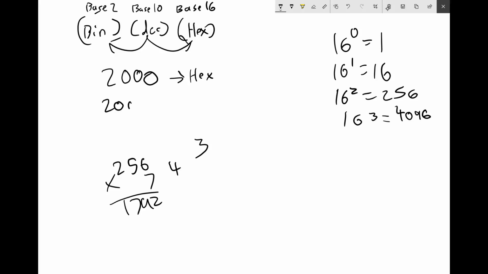So 2000 equals 256 times 7. I could just do 256 plus 256 plus 256, but it's better to do 256 times 7.